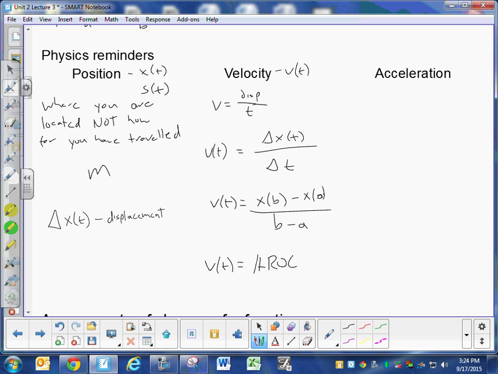Velocity is simply the average rate of change of my position, or my velocity can be considered the slope of position. Right, and if it's the average rate of change of position, we'll talk about our average velocity, our velocity over a time interval.